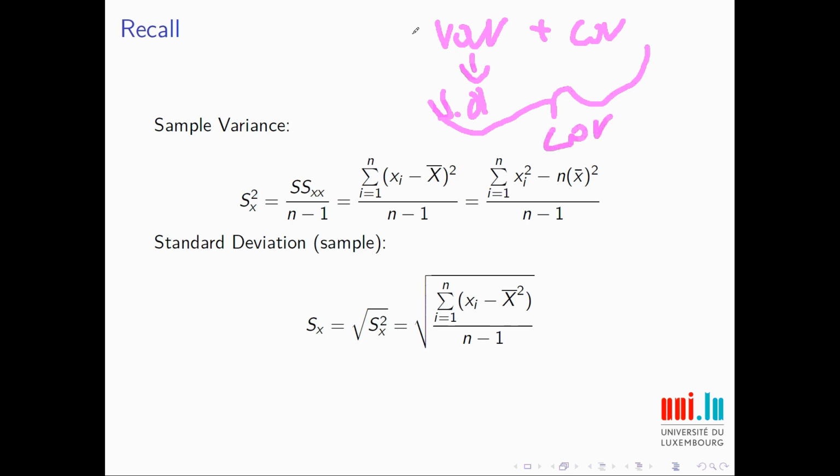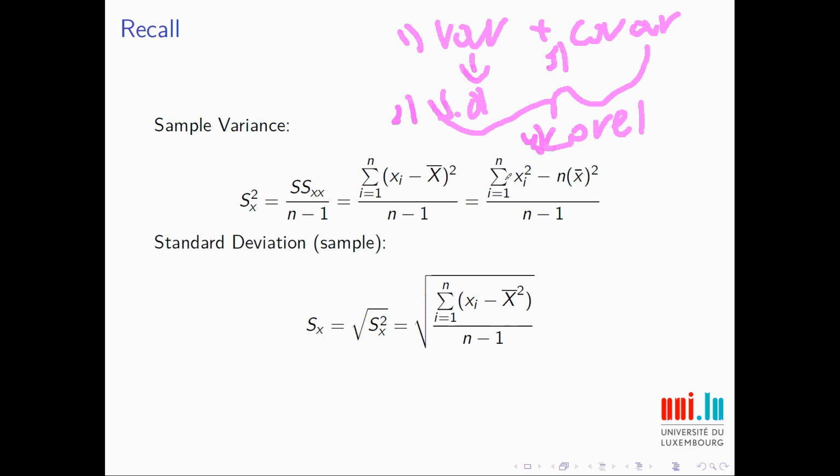So these are the steps for how we calculate correlation: first variance, second standard deviations, third covariance, and fourth correlation. So this is the way.